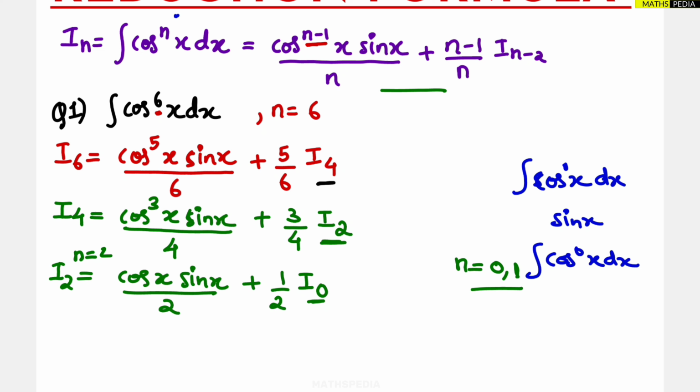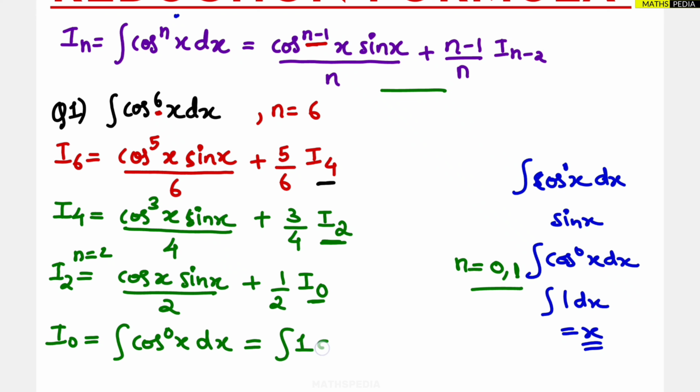Directly it is 1 dx. So it becomes what? x as the answer. The same logic here. Okay. So I0 becomes the integration of cos 0 x dx, which becomes integration of 1 dx, which is equal to x. So we need to be careful that whenever getting I0 and I1, directly in the indefinite integral we have to substitute and get the answer. Okay.